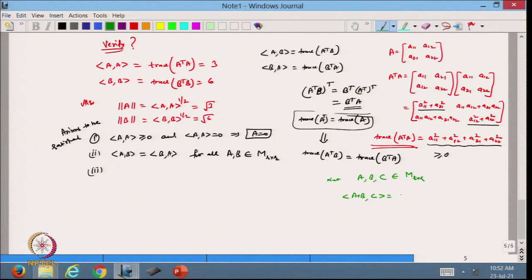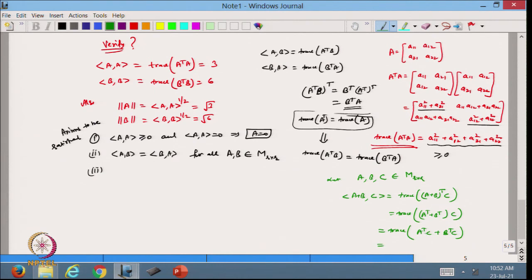Then this will be equal to the trace of (A plus B) transpose C, and this is equal to trace of A transpose C plus B transpose C.